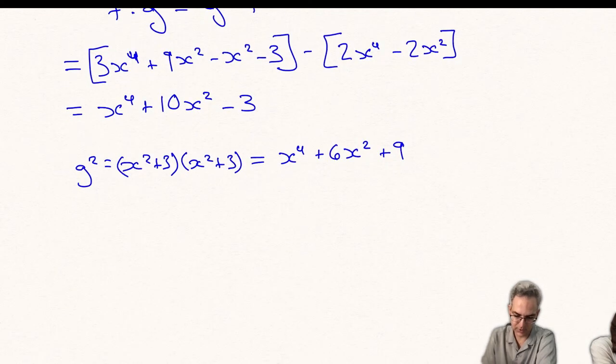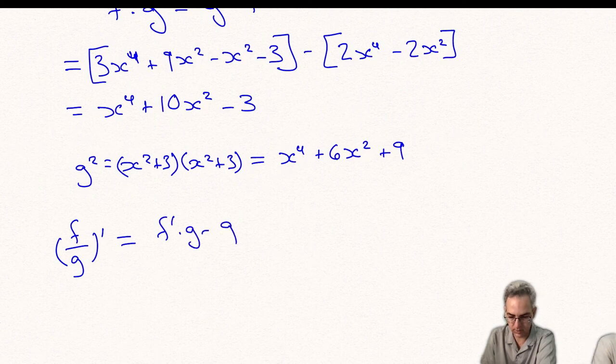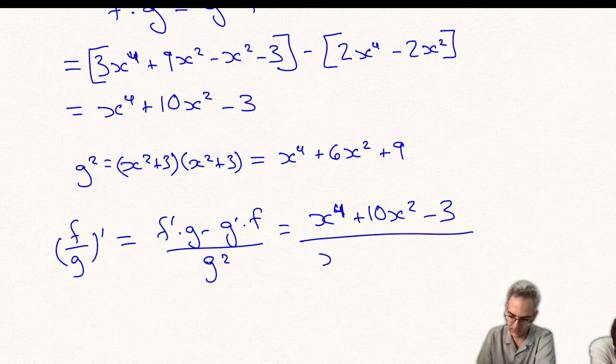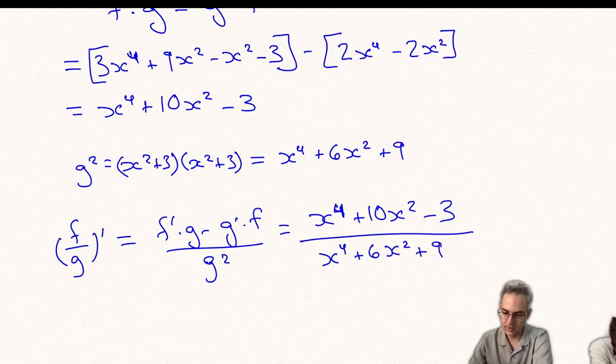So now we put it all together and we say the derivative of f over g is f prime g minus g prime f over g squared, which is x to the fourth plus 10x squared minus 3 over x to the fourth plus 6x squared plus 9. Now, this is the answer.